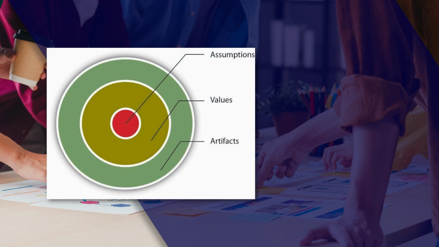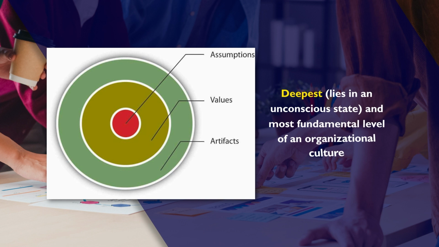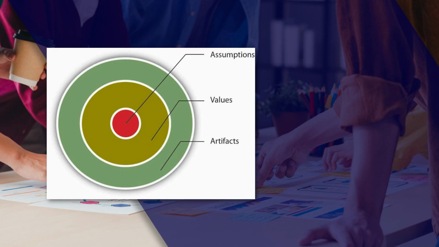The last one is assumptions. Assumptions are deeply held beliefs that guide behavior and tell the members how to perceive a specific situation and people. At the very deepest, most fundamental level of organizational culture are the assumptions. Edgar Schein, whom I mentioned earlier, friends, called them the essence of a culture.